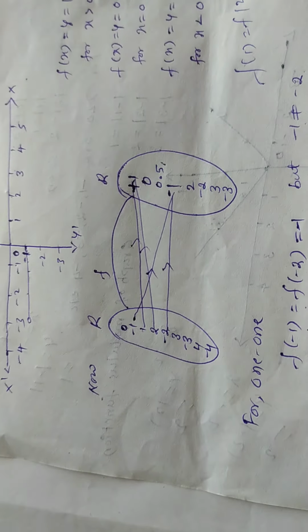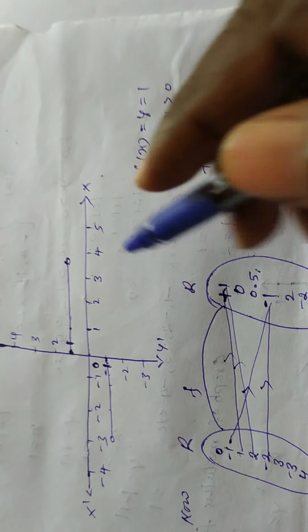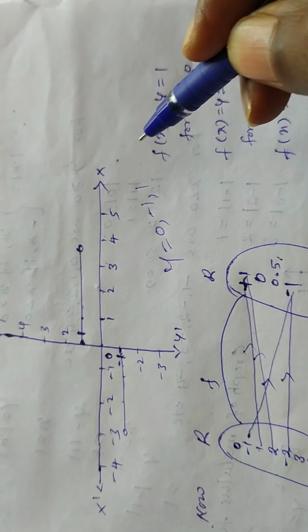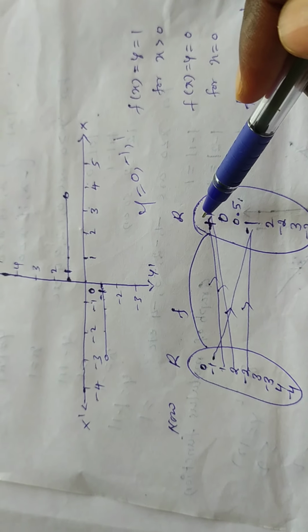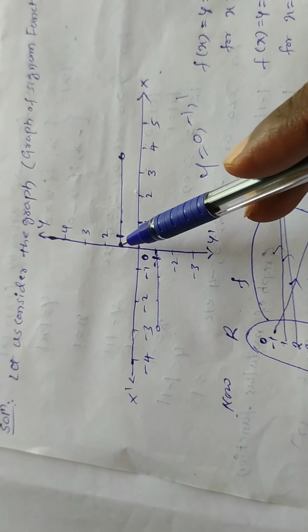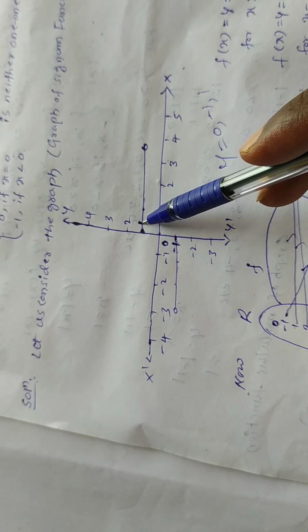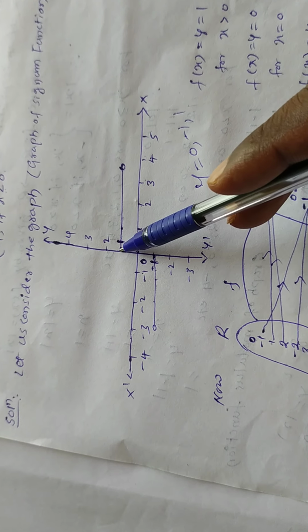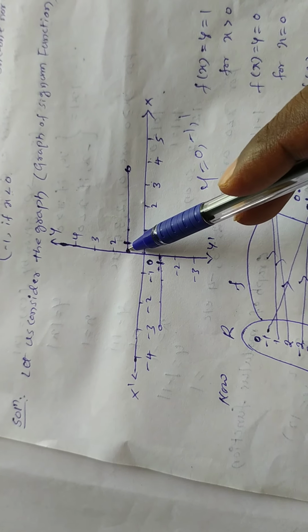And here, except the values of y, 0, minus 1, 1, the remaining elements in codomain R are not covered, because the value of y stops here: 1, 0 and minus 1. The value of y lies between minus 1, 0 and 1.